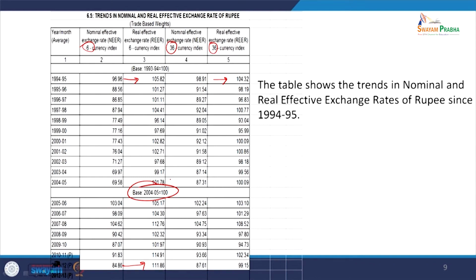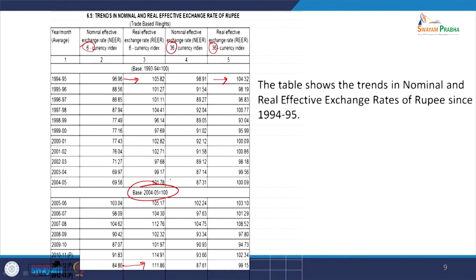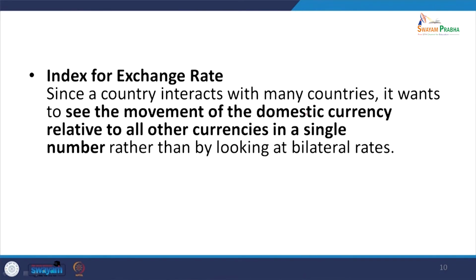So both the prices have to be taken as a ratio. This table, which we have already clarified, relates to the nominal and real effective exchange rate of the rupee since 1994-95. Other details you can follow from the RBI site.